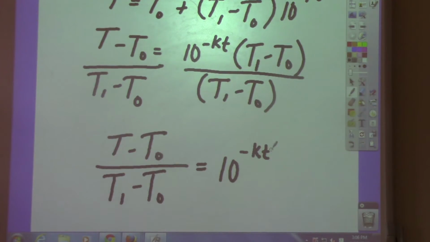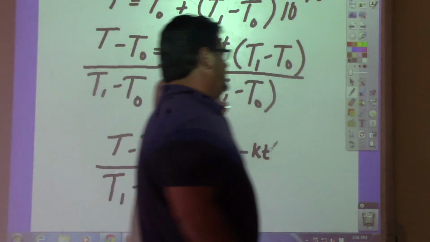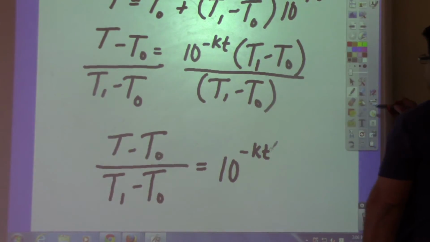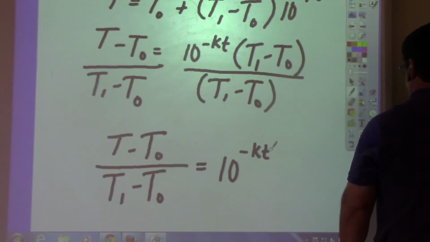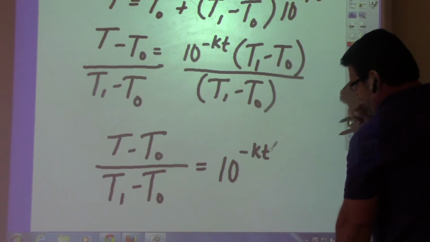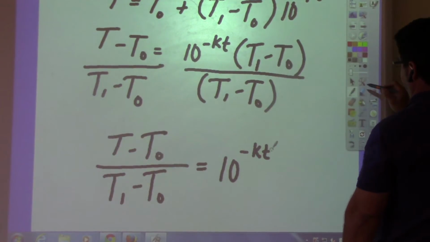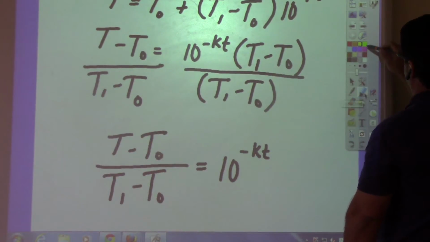You don't have to take the log of both sides, because remember when I told you about your exponent? Where is my variable that we're solving for? It's in the exponent.